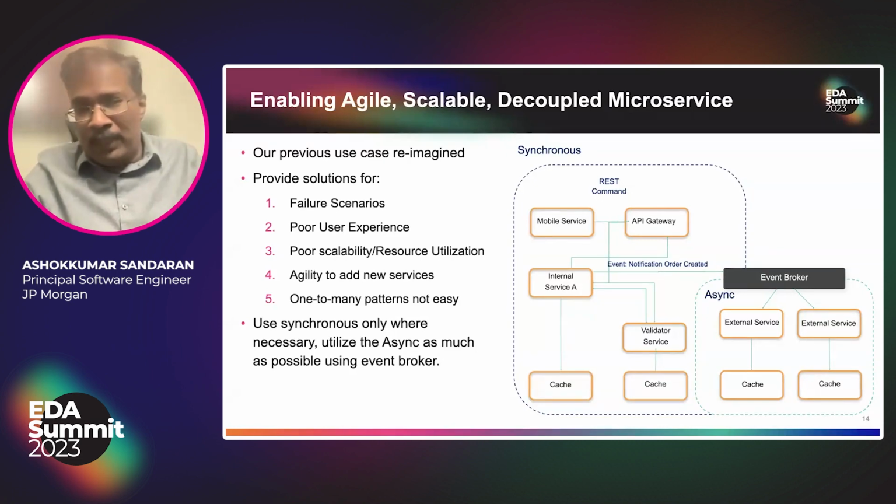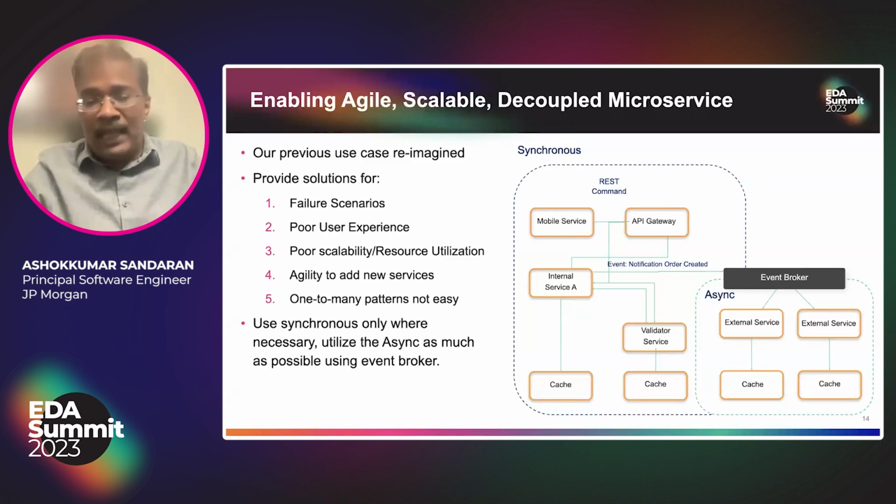So now it has been changed where, when the order comes in, it gets internally validated, because we want to tell sales, hey, you did not put an attribute on this order that is a mandatory attribute. All those synchronous integrations we left with REST. But once the order attributes are validated and it is good to go, then we push that information to the event broker.